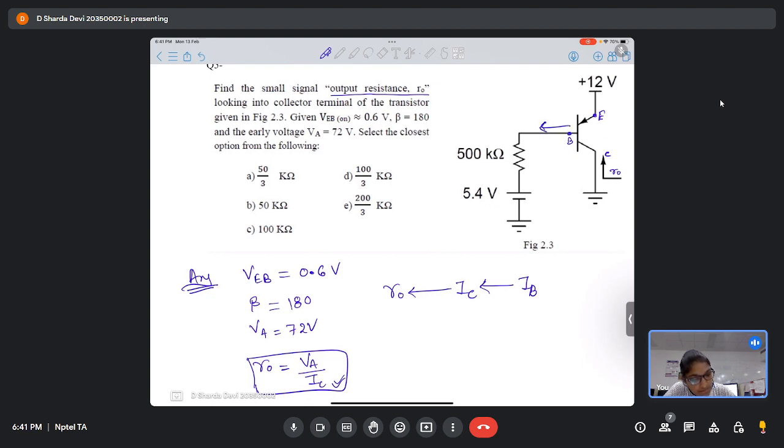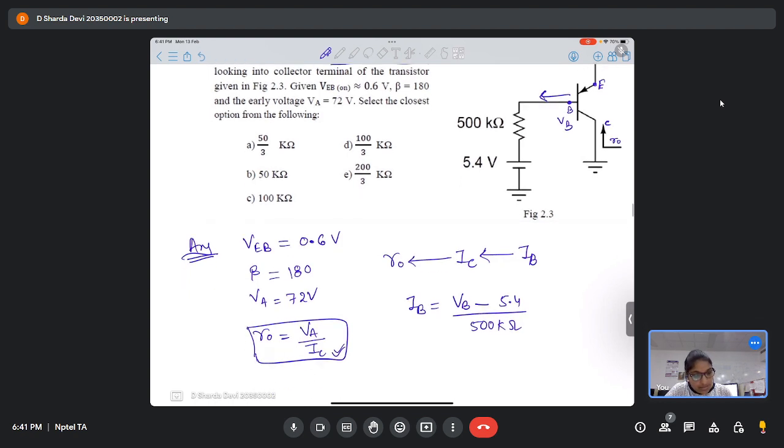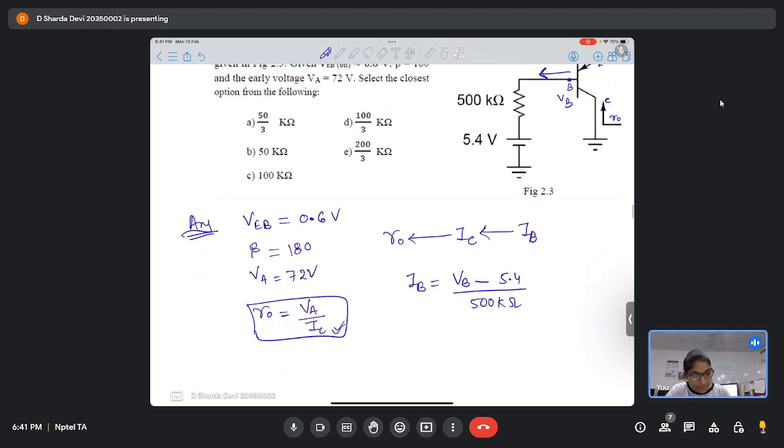Let's say this is VB. So IB will be VB minus 5.4 by 500 kilo ohms. I've simply applied Ohm's law, voltage by resistance. Correct?